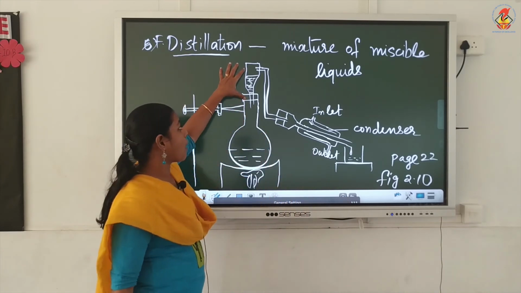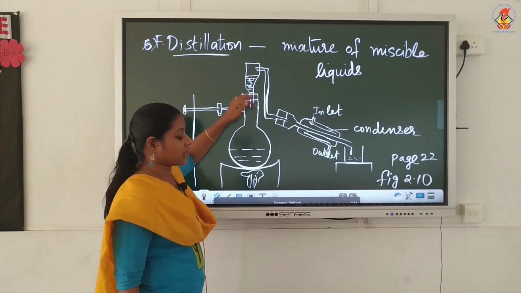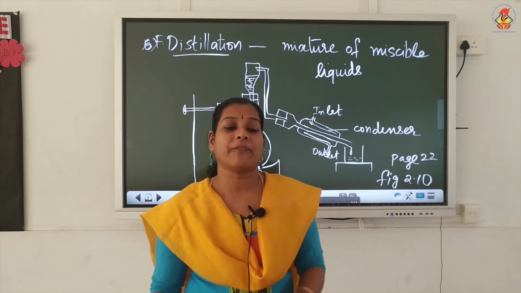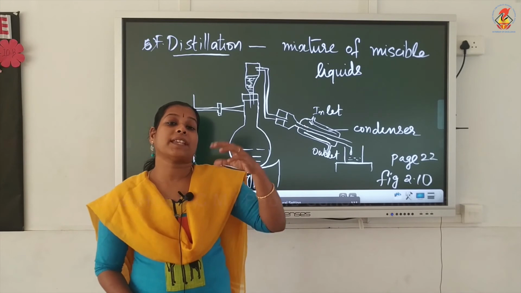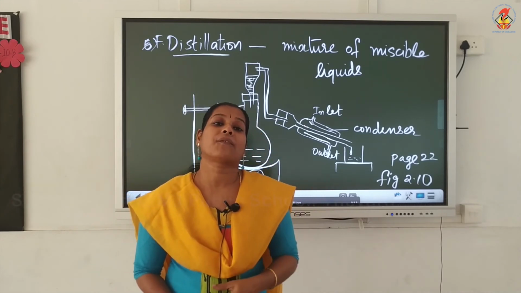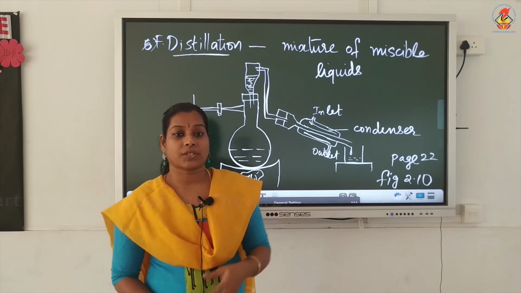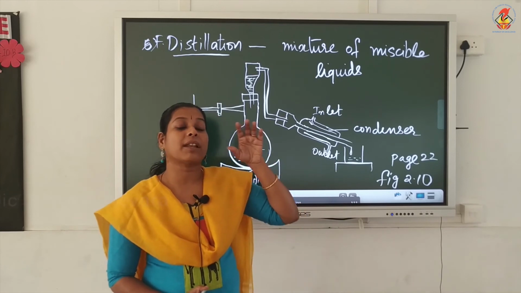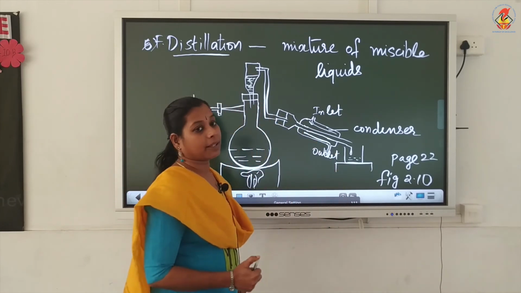The fractionating column is provided with lots of beads, and these beads give a large surface area, which is required for repeated vaporization and condensation.